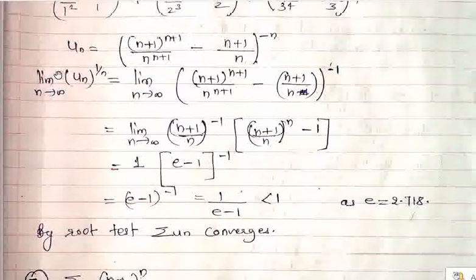So this is the formula for Cauchy's nth root test, un to the power of 1 by n. You divide this by n, so you're going to get minus 1.